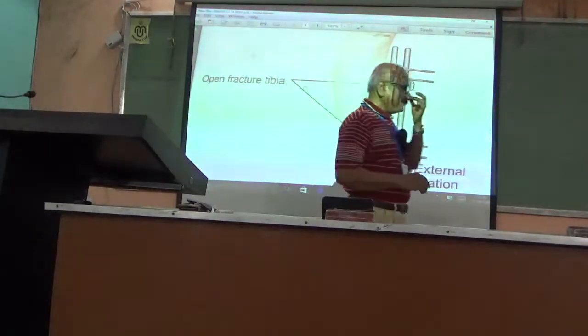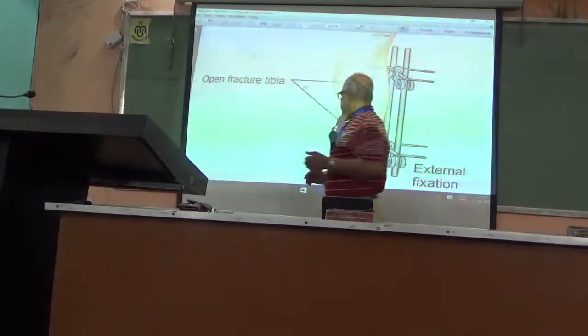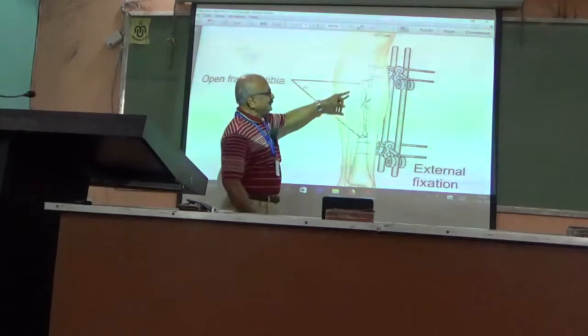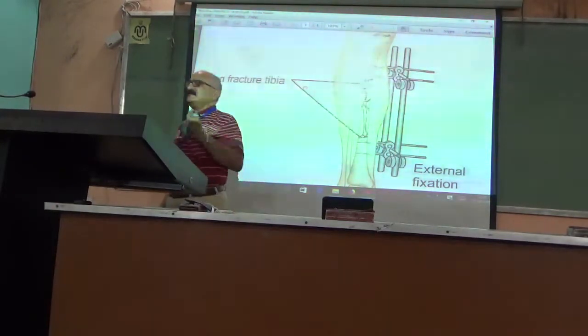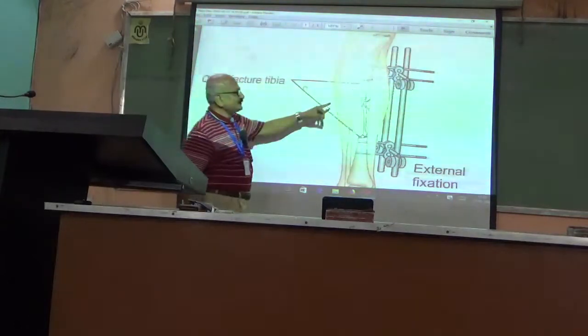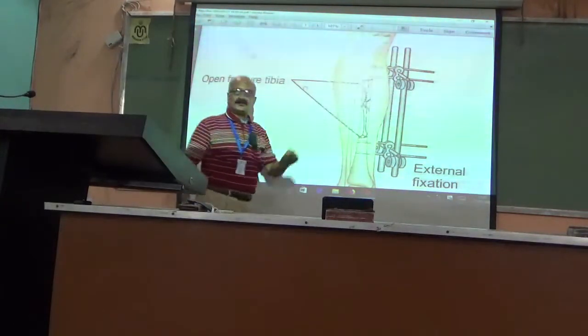This is a type of external fixation. What is happening? You see, this is the area of fracture, and where you find there are multiple pieces in the bone.